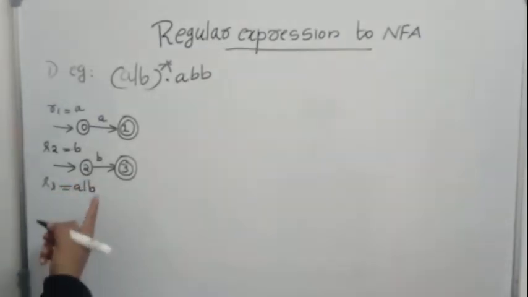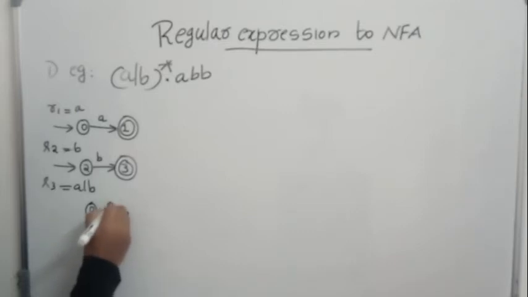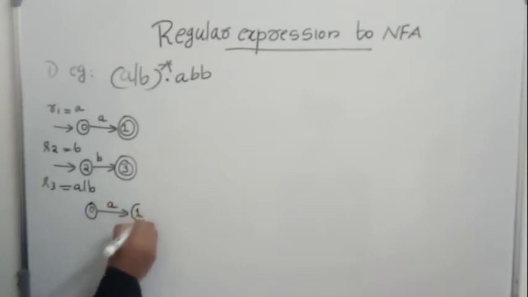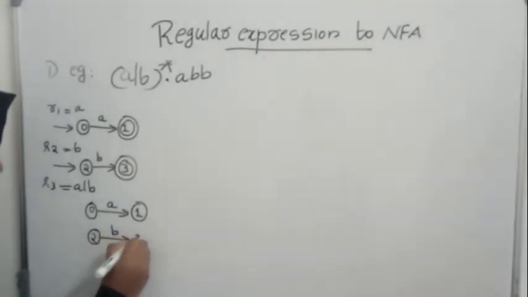NFA for A or B can be drawn as I have told you earlier. NFA for A is 0, A, 1. We won't draw any final states because we are including a new final state. Now NFA for B is 2, B, 3.